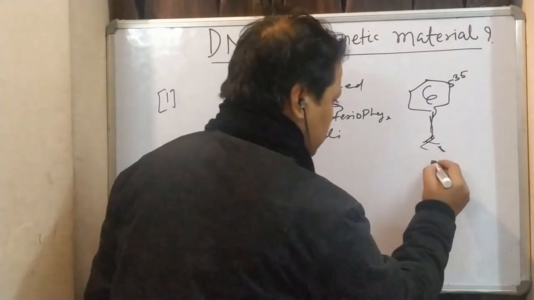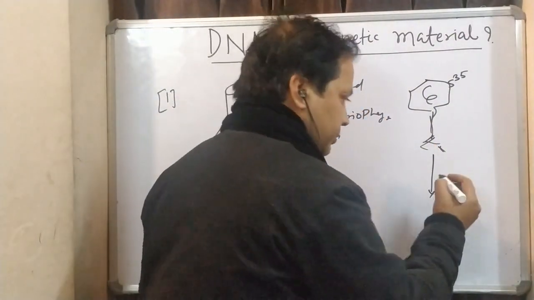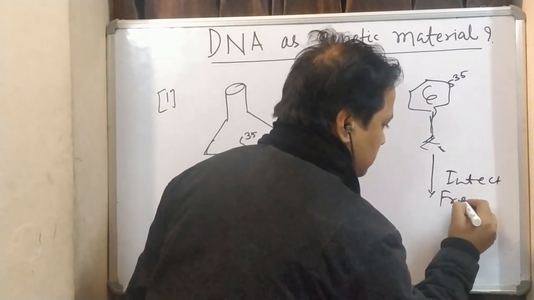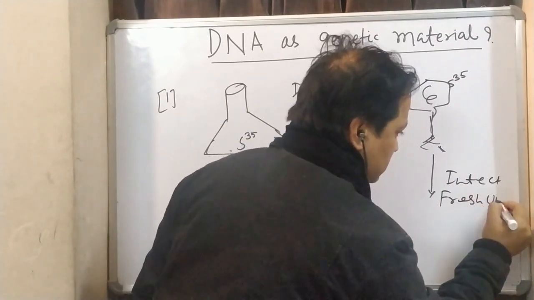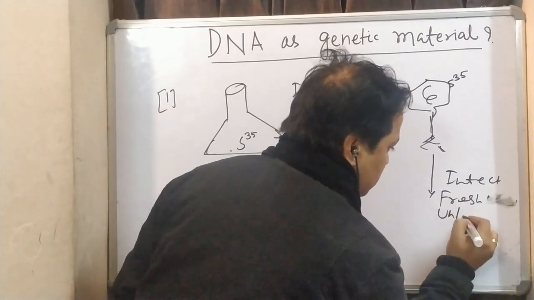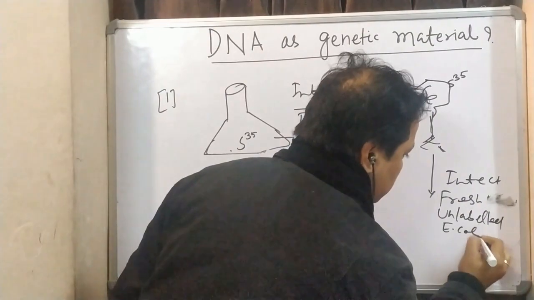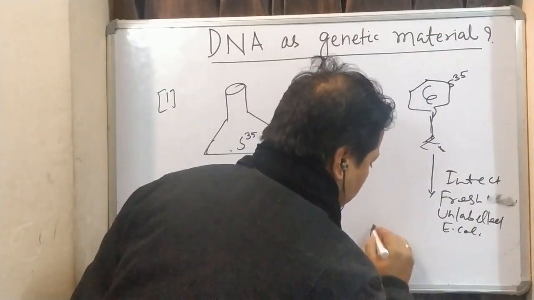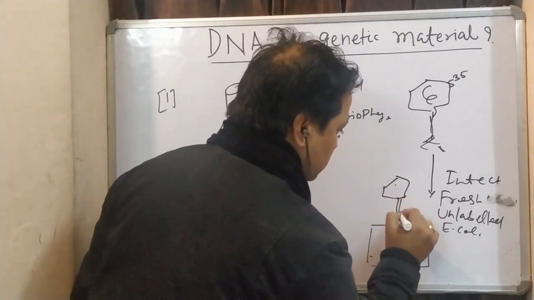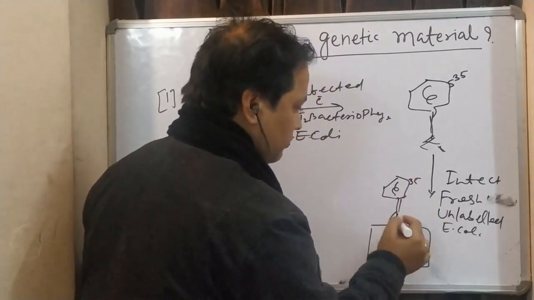Now this bacteriophage will infect fresh, unlabeled E. coli. So what will happen? This is E. coli, and this bacteriophage, which is having sulfur 35, will infect this one.